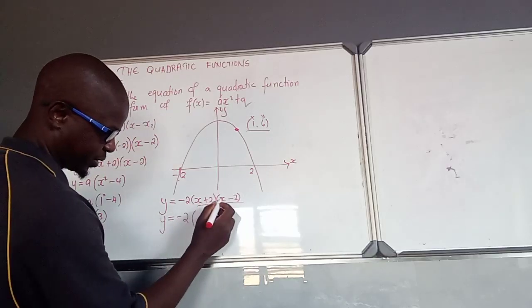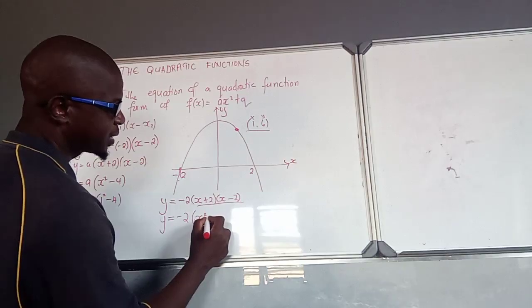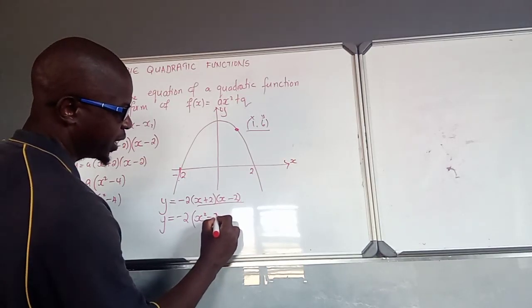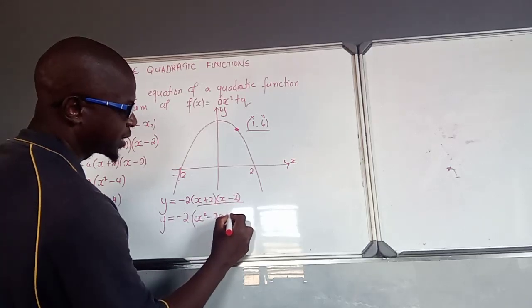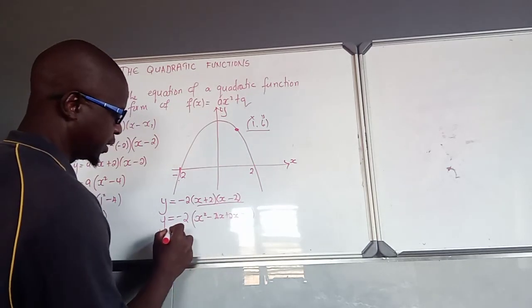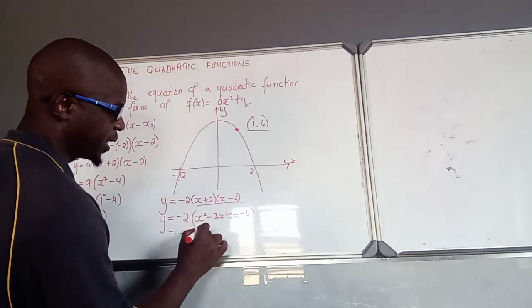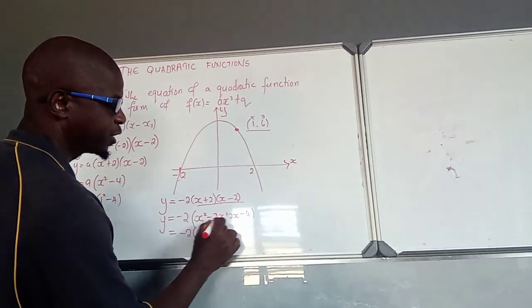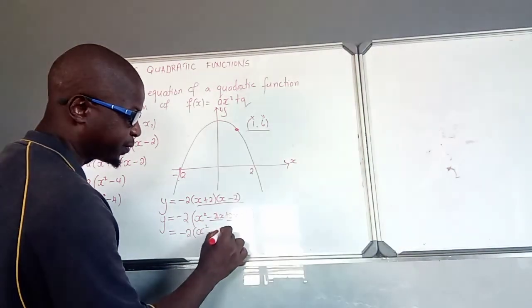So this x times x is x², minus 2x plus 2x minus 4. This is 2(x² - 2x + 2x - 4), and -2x plus 2x is 0, so minus 4.